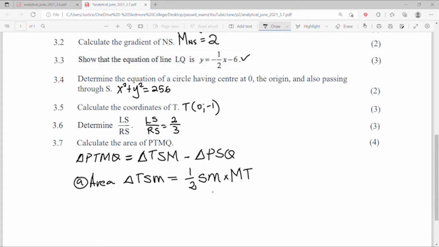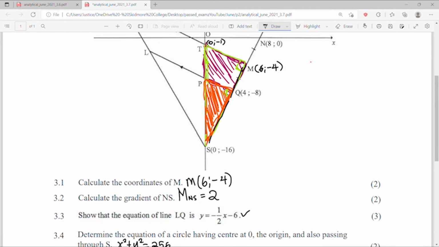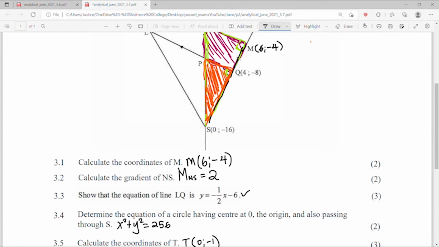We are using SM here as our base, and this is our perpendicular height. The distance of SM or MS was calculated in the previous question.